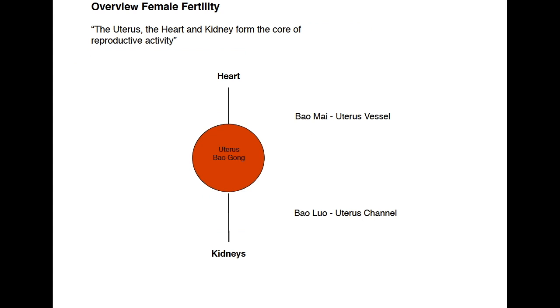The connection between the heart, the uterus and the kidneys is with the Bao Mai, which is the uterus vessel, and the Bao Luo, which is the uterus channel that connects the kidney directly into the uterus. A lot of the treatment we do balances these two energies together to harmonize them, as we'll see as we go along.